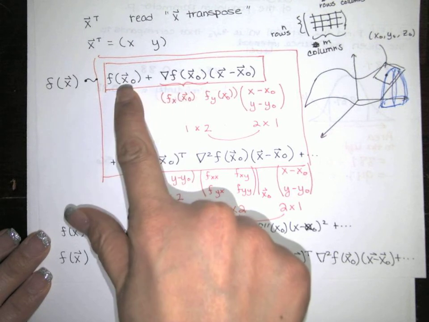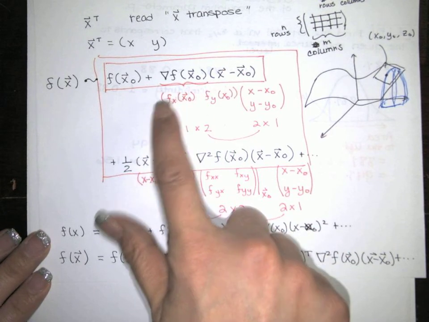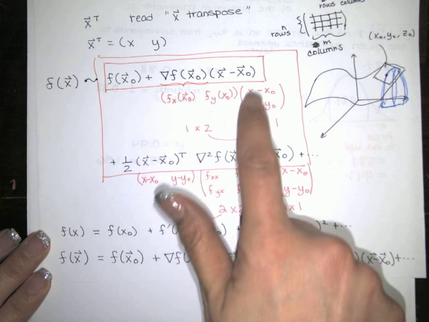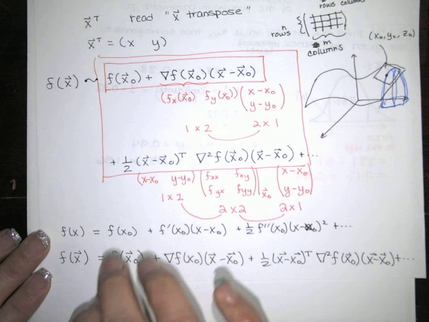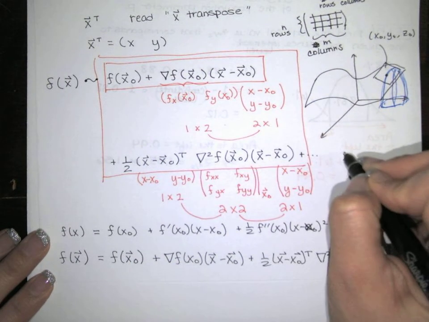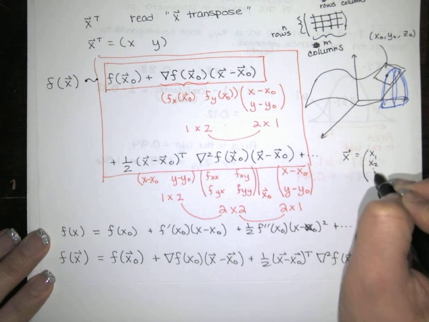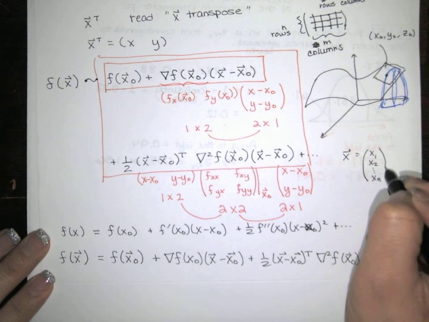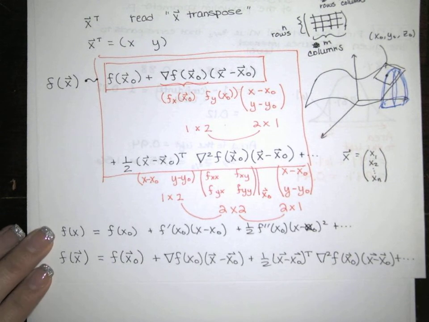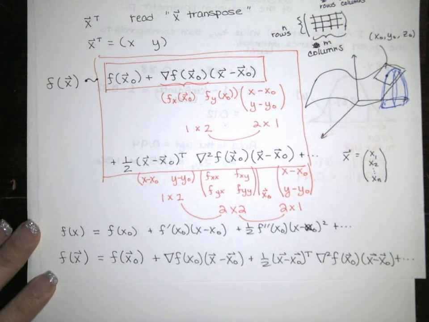And if this has n components, then x minus x naught will have n components. And then this would be a 1 by n times an n by 1. So actually everything that I've written here works when x is a vector with components x sub 1, x sub 2, all the way through x sub n. So we don't even need functions of two variables anymore. We'll have functions of n variables, and we can expand them in this way.